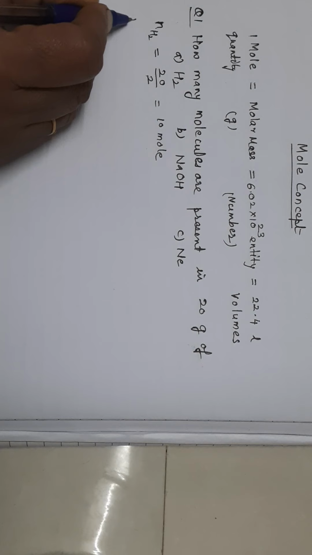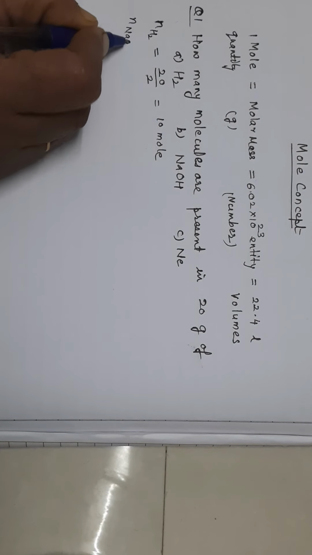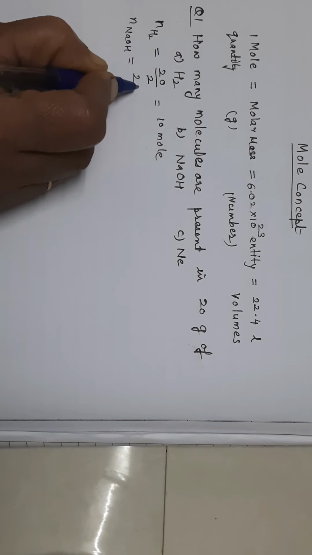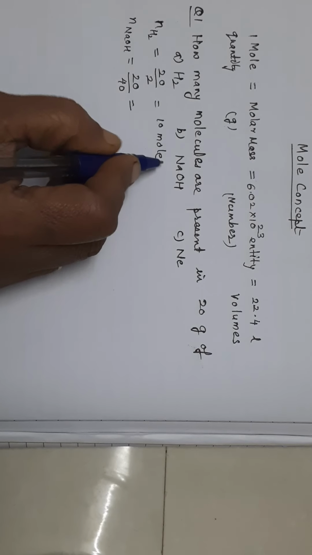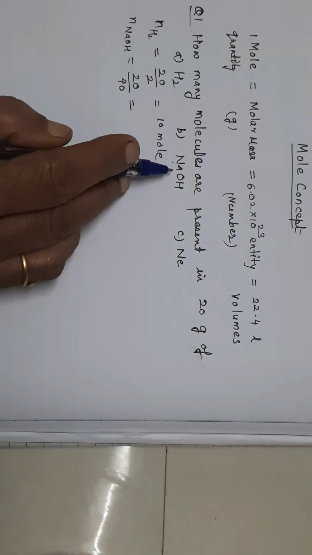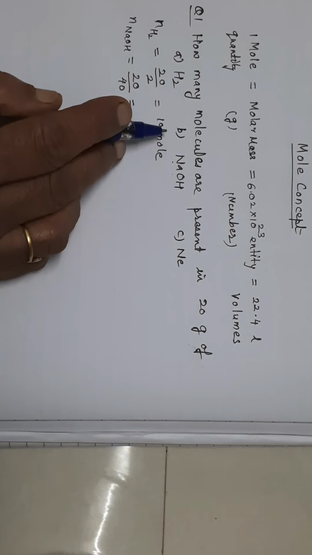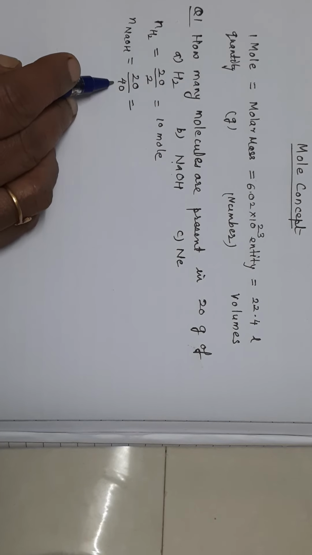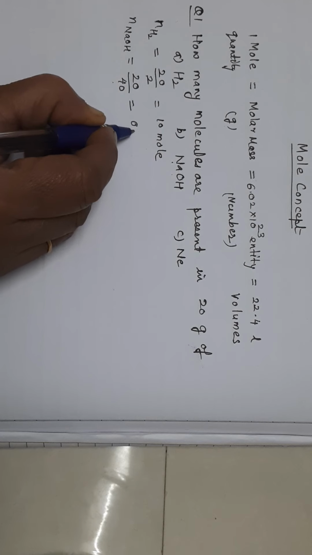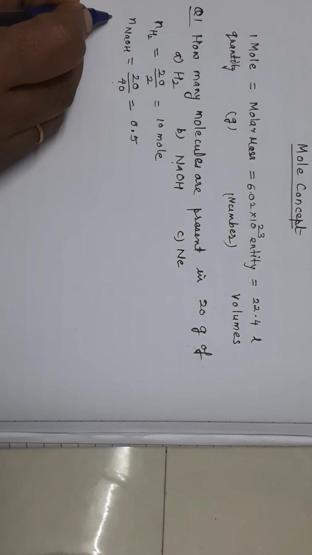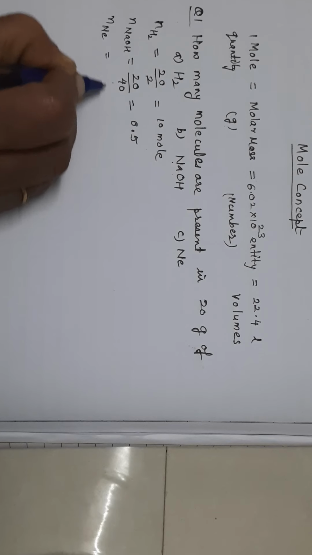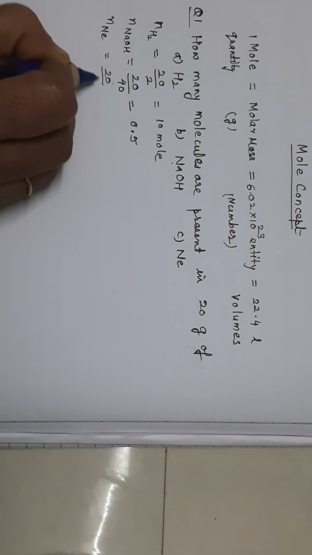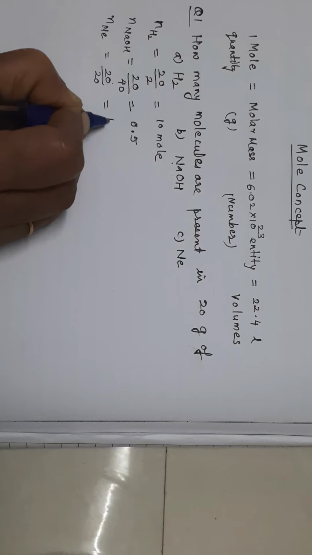Number of moles of NaOH is equal to 20 upon 40, because 40 is the molar mass of NaOH. For Na it is 23, oxygen 16, hydrogen 1. When you add it up, it comes to 40. So, number of moles is 0.5. Number of moles of neon is 20 upon 20, so it is 1 mole.